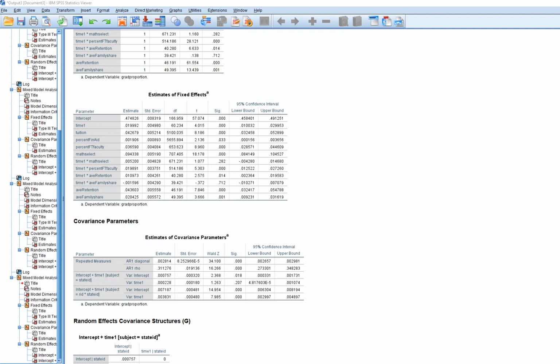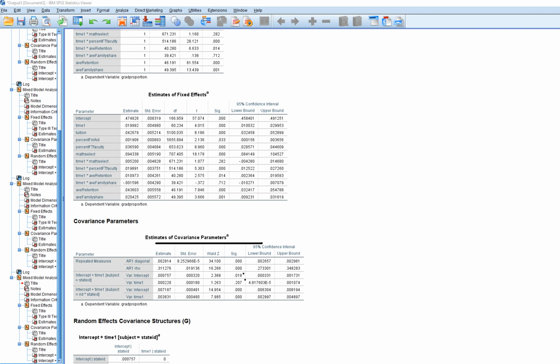Looking at the estimates of covariance parameters, we see that the variation in initial status for grad proportion across states is still statistically significant. So theoretically, we could add in additional predictors that may help account for the between-state grad proportion at the initial status.